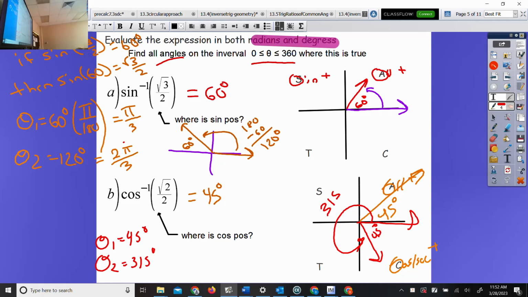This is arc cosine, right? If the arc cosine of root 2 over 2 is 45, then the cosine of 45 should be what? Backwards operation, kids. Shouldn't it be root 2 over 2? Should be root 2 over 2.